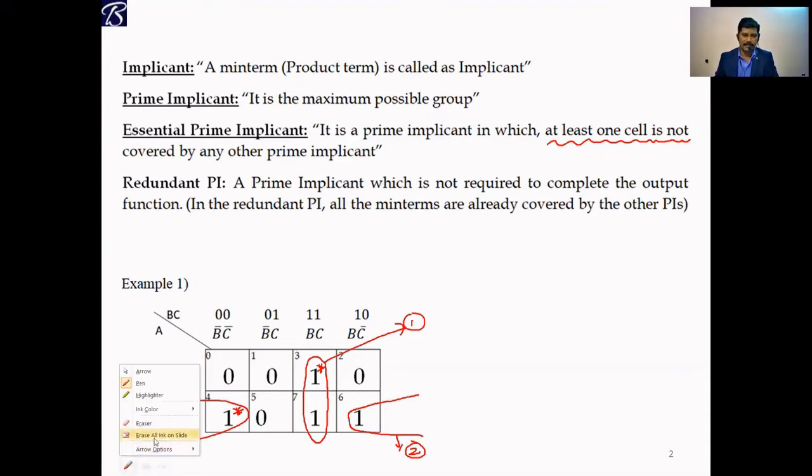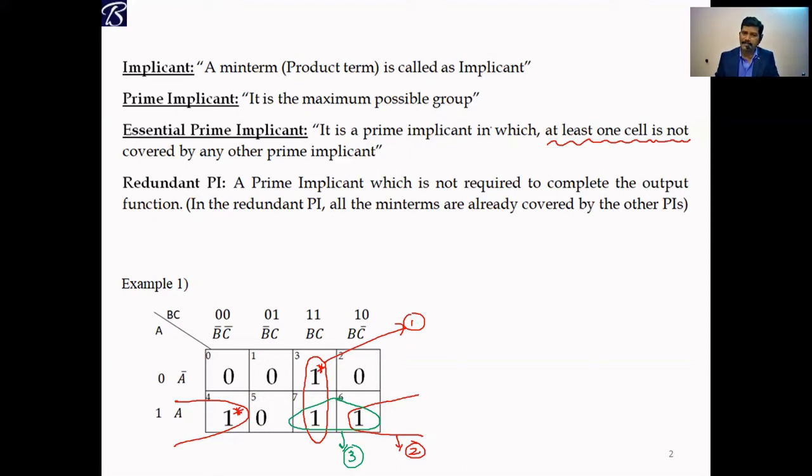Let us observe this one. We can group this one, but if we observe this third group, its 7th cell and 6th cell are already covered by the first one and second one. What is our definition?